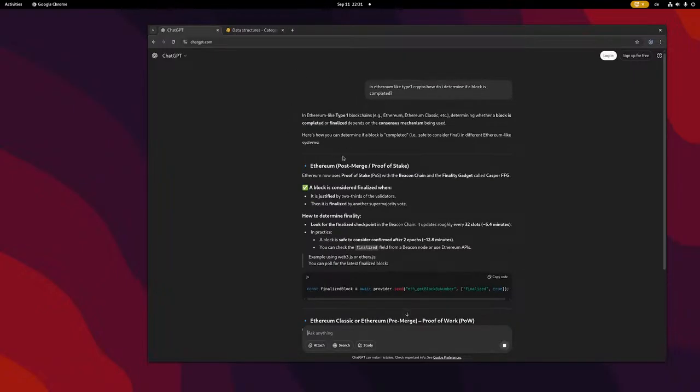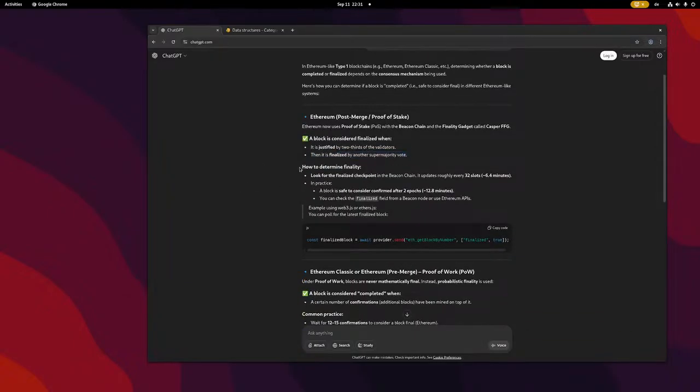So yeah, proof of stake, beacon chain, the finality gadget, and Casper FFG. It's justified. Yeah, but there's some condition which has to be met. Roughly safe, consider confirmed after. Huh?